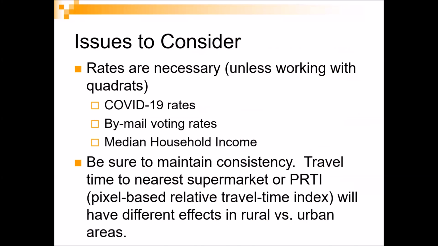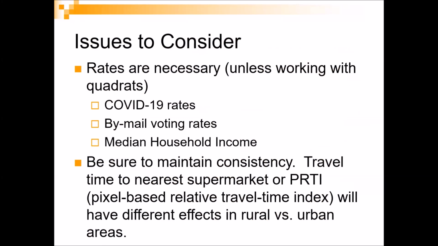Some issues to consider. Okay, rates are going to be necessary when we have like COVID-19 rates, by-mail rates, median household income. So things that are going to be normalized. We spent a whole chapter this semester talking about the idea of normalization. Be sure to maintain consistency. One of the things that I'm going to look at here is something called PRTI.